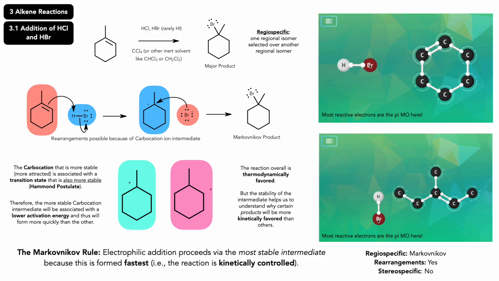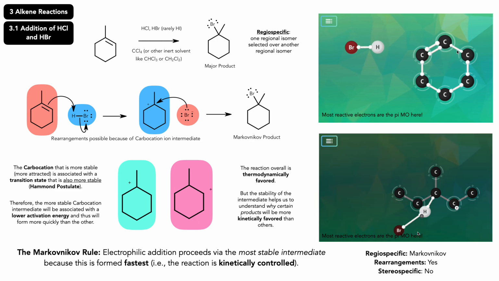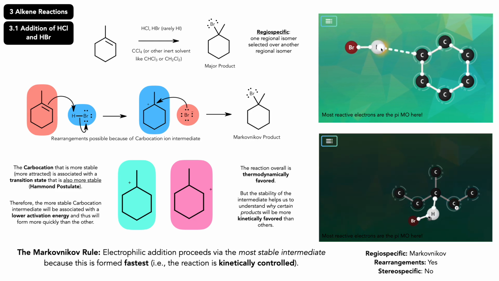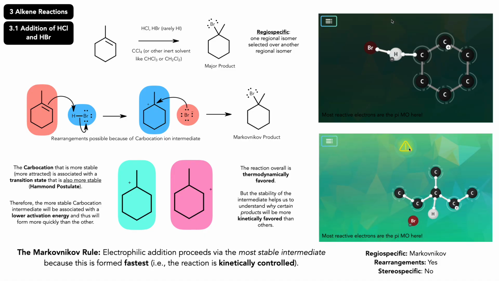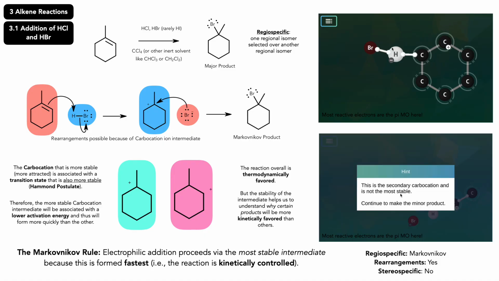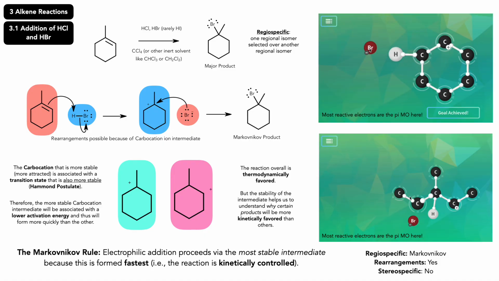Now we move on to alkene reactivity. The most common reaction is electrophilic addition. HCl and HBr add across the double bond according to the Markovnikov rule. The hydrogen goes to the carbon with more hydrogens, and the halogen goes to the more substituted carbon.